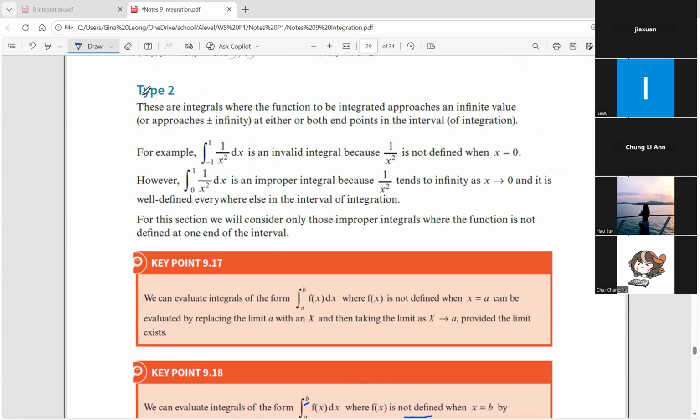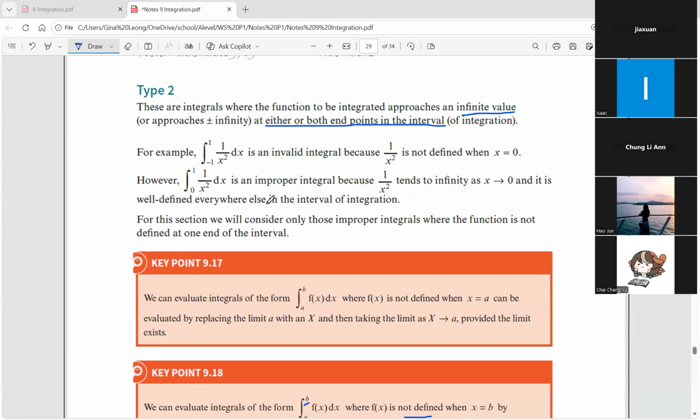Type 2 is where the function to be integrated approaches an infinite value, plus or minus, at some point.